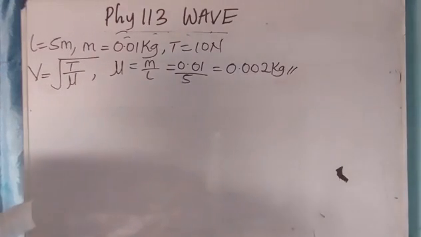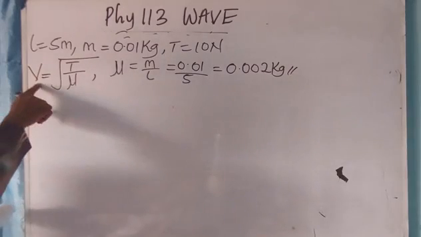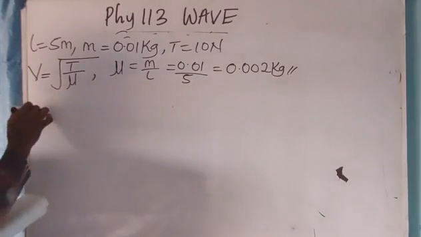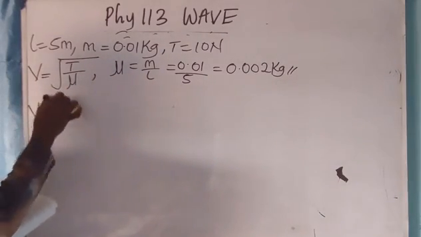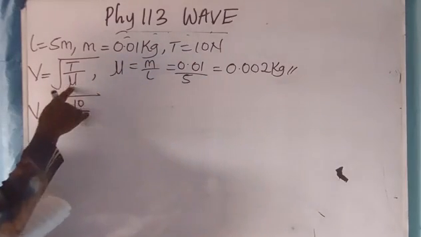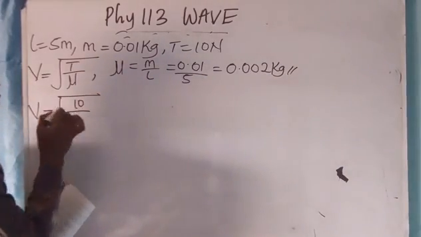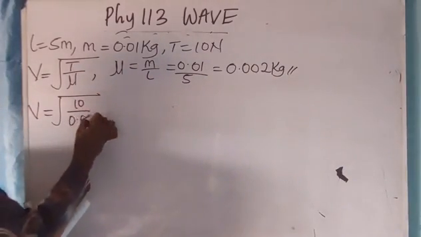And so we are asked to calculate for the speed, that is V. Now, can I calculate V? From the question, tension is 10, then this linear density is 0.002.